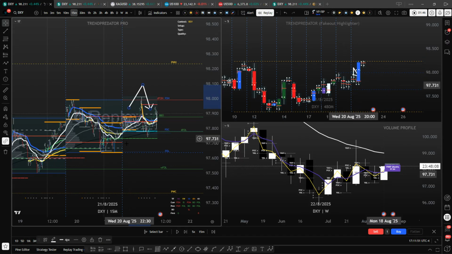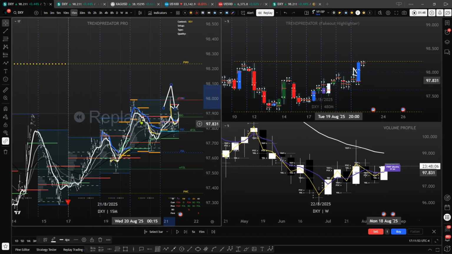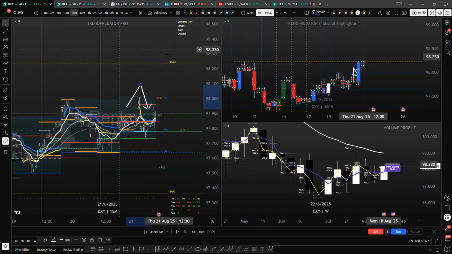Okay, so that's reversing what? That's reversing the bullish trend. Okay. So that would lead us to assume, therefore, that we can look to buy assets against the dollar.